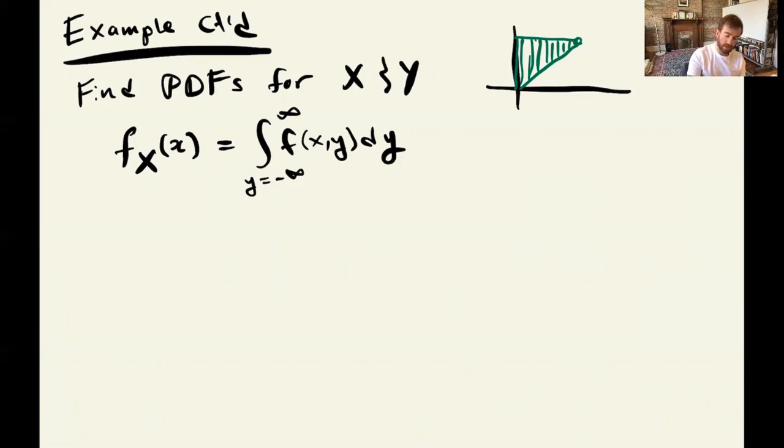Remember, this function is going to be 0 up until this point, and then it's going to jump to value 2, and then continue back down to 0. And so then we're basically computing the area under the curve of a function that's 2, but where the limits of that integrand are changing as a function of x. So let's go ahead and figure out, well, what are the limits?